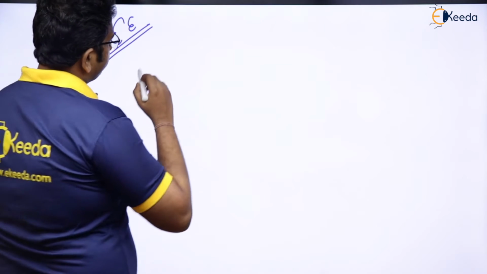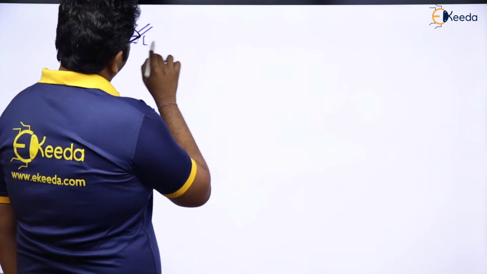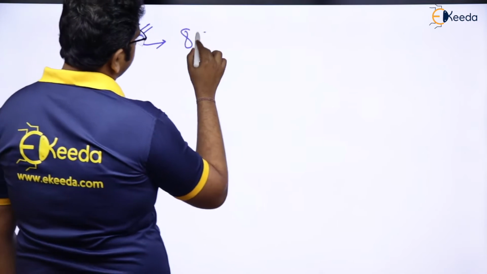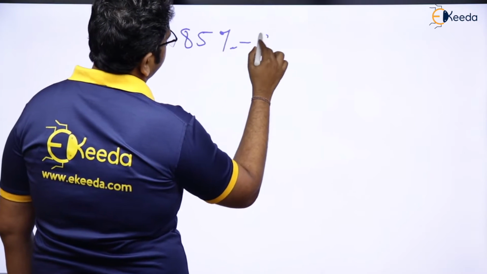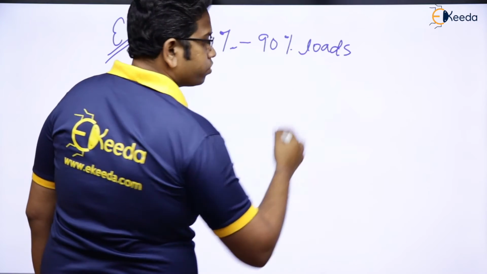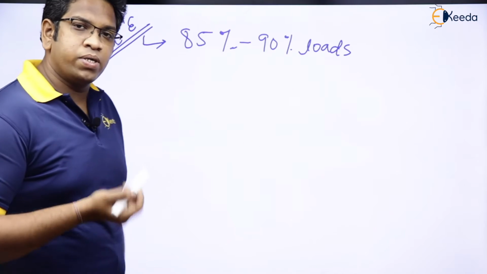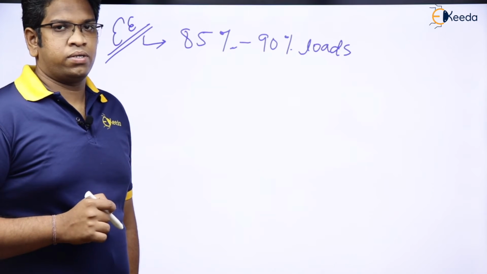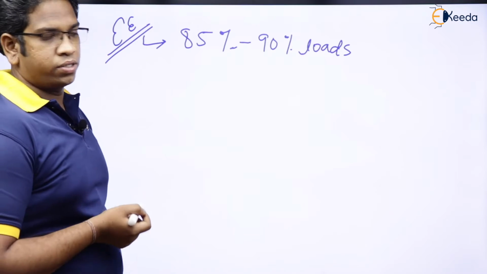Anyways, what about electrical guys, sir? See here, we already know that 85 to 90% of the loads are induction motors, right? Or we can also say that 85% to 90% of the generator power is consumed by induction motors.